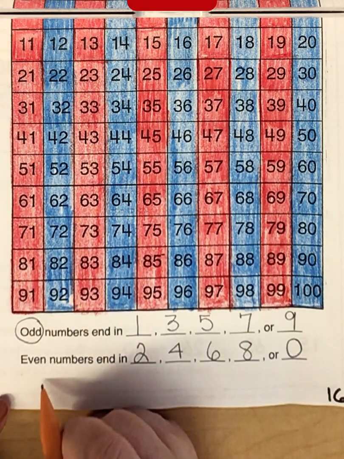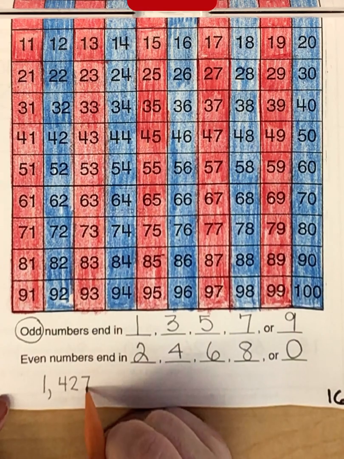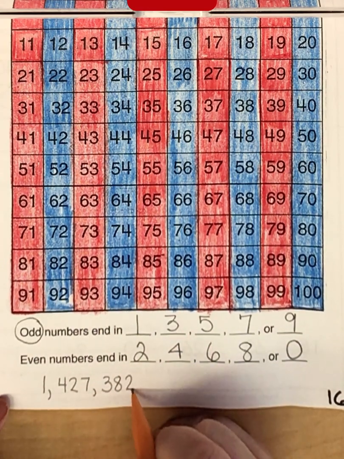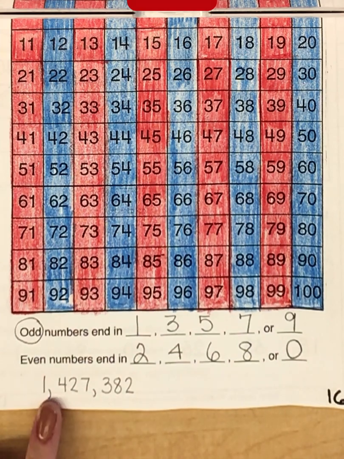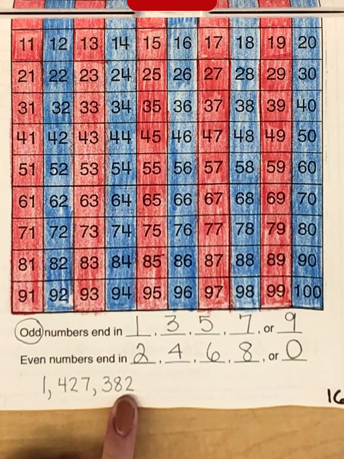Let's say I wrote the number 1,427,382. If I have to figure out if this number, even in the millions, is odd or even, I look at the number in the ones place.